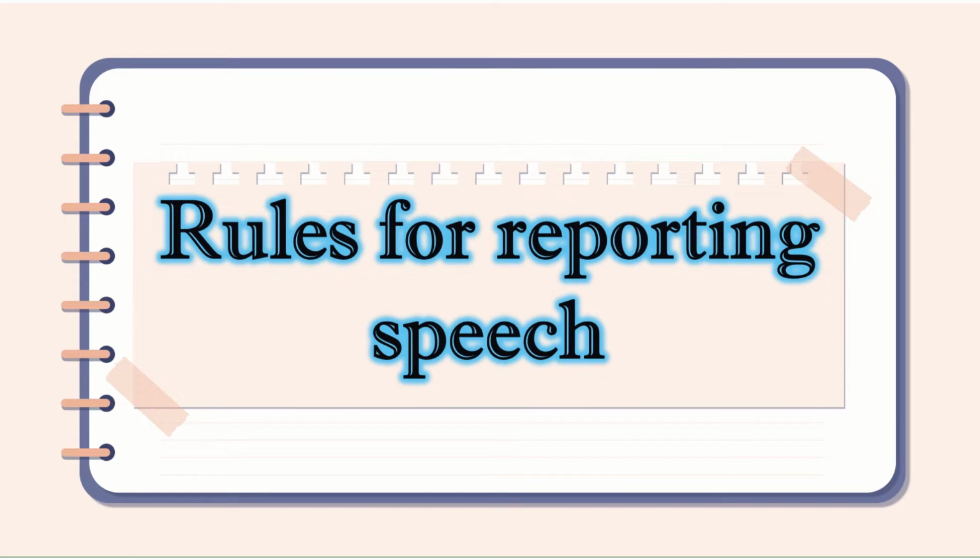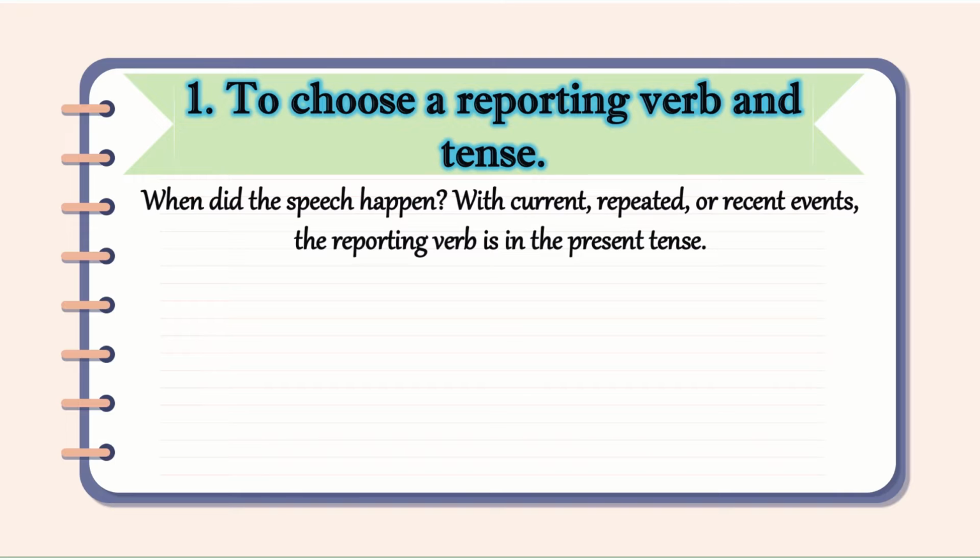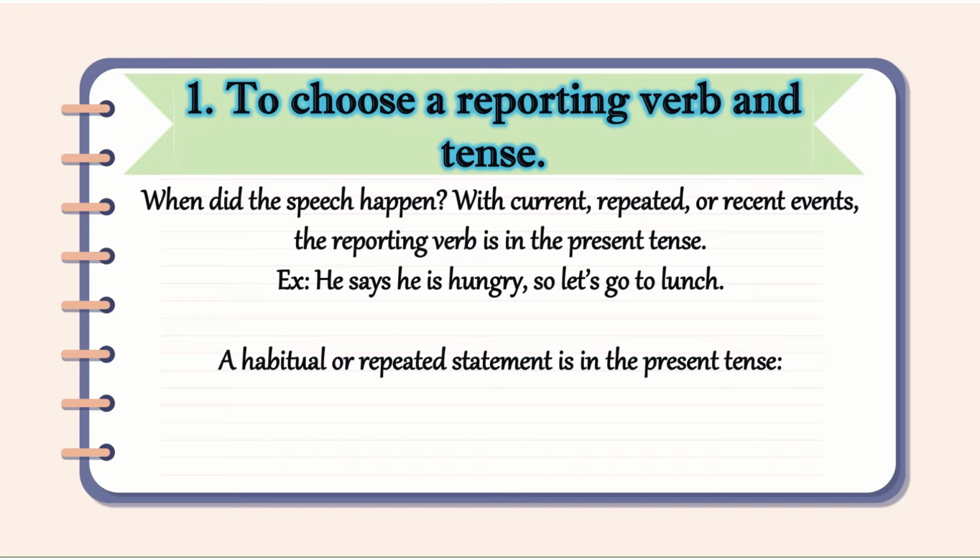Rules for reporting speech. To get this kind of sentence right, there are four things you should keep in mind. First, choose a reporting verb tense. When did the speech happen? With current, repeated, or recent events, the reporting verb is in the present tense. For example, he says he's hungry, so let's go to lunch. A habitual or reporting statement is in the present tense.